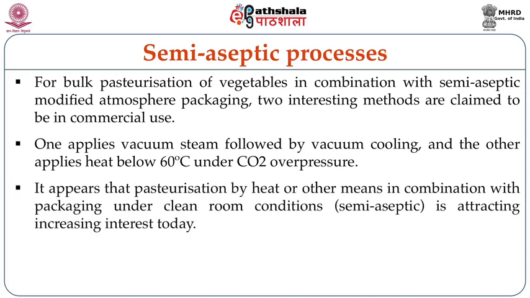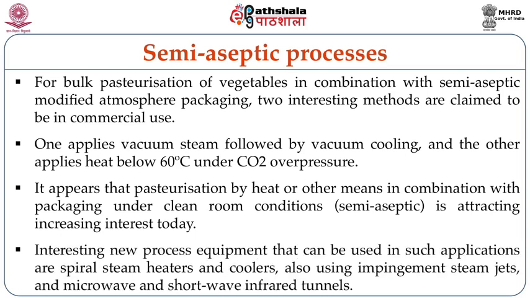It appears that pasteurization by heat or other means in combination with packaging under clean room conditions is attracting increasing interest today. Interesting new process equipment that can be used in such applications are spiral steam heaters and coolers, also using impingement steam jets and microwave and short-wave infrared tunnels.